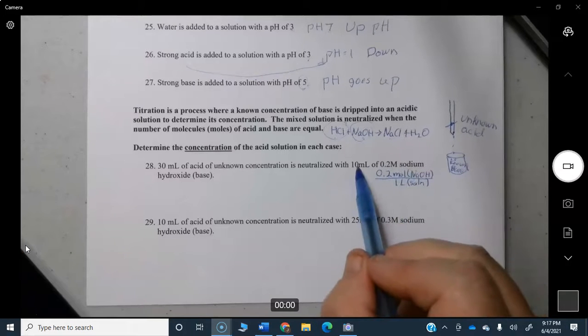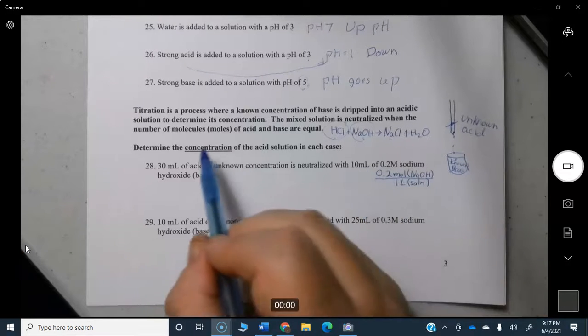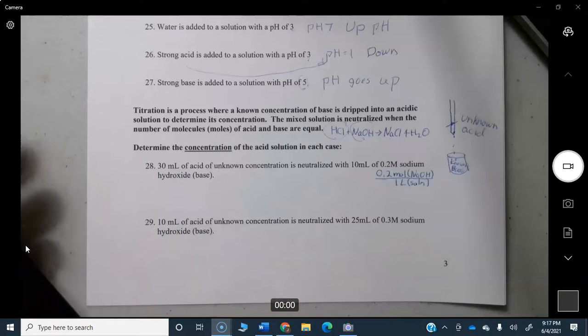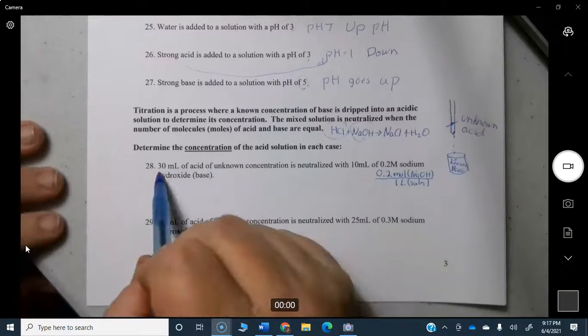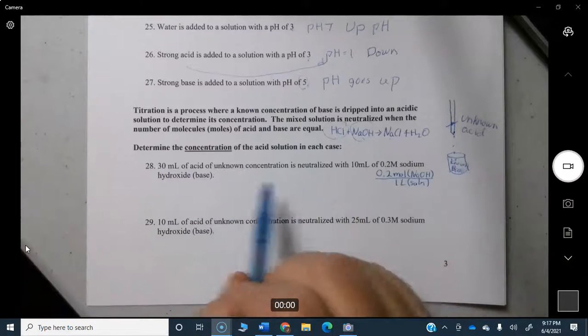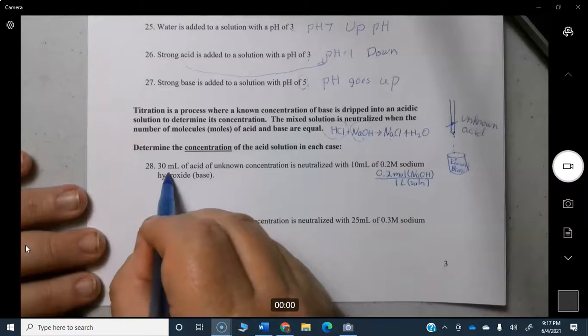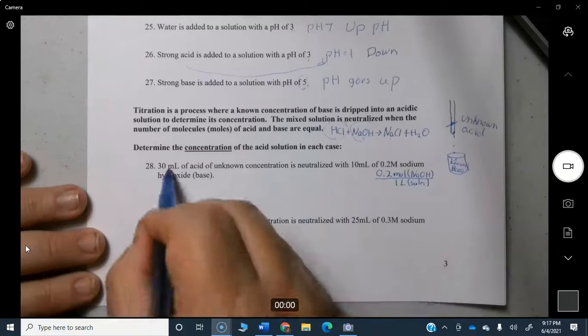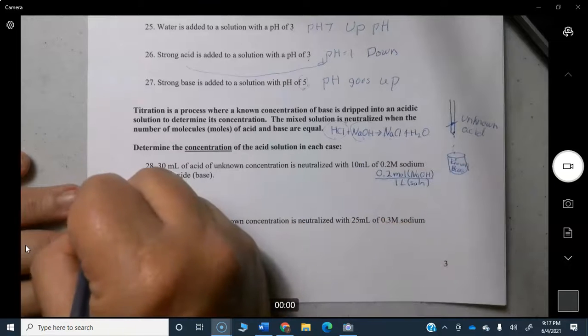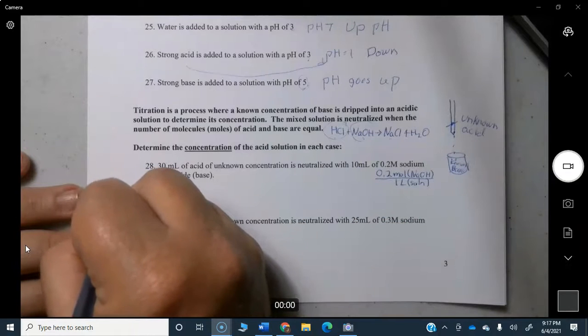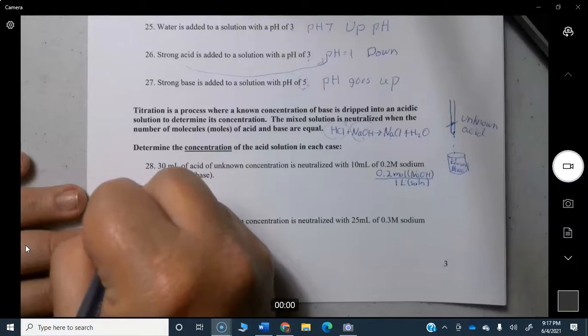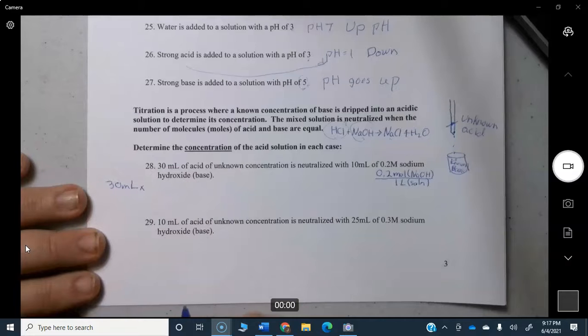Well, notice that these volumes are in milliliters, this one and this one. So the first thing you have to do, they could have made it easier and given you these in liters, but generally in a chemistry lab you are doing them in milliliters. So we're going to have to convert these two to liters. So that's very simply 30 milliliters. And you got to remember the conversion. There's 1,000 milliliters per liter.